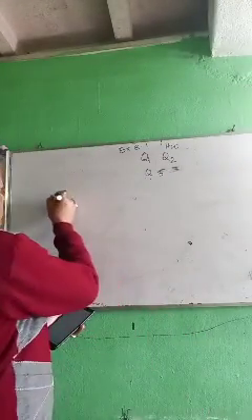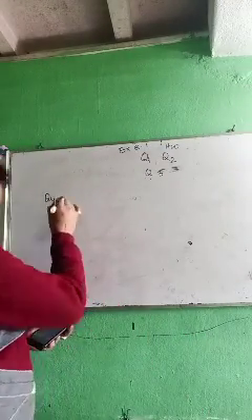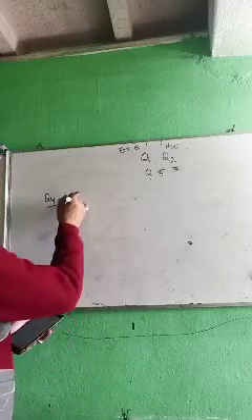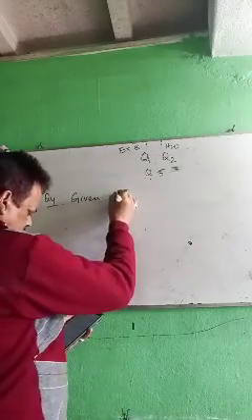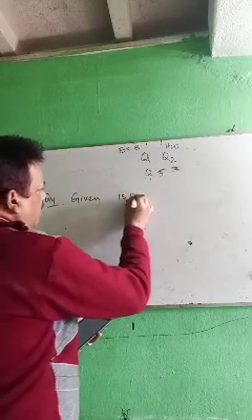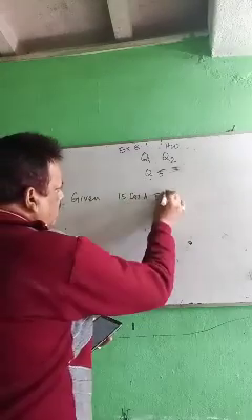So look at what question number 4 is for us. That is, given 15 cot A equals 8.